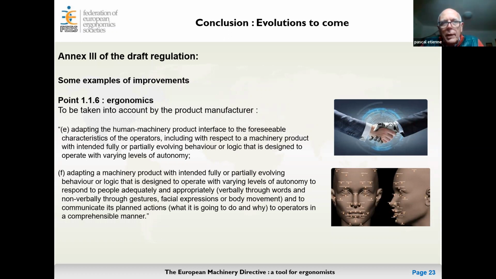So the product manufacturer has to take into account the necessity to adapt the human-machinery product interface to the foreseeable characteristics of the operators, including with respect to a machinery product with intended fully or partially evolving behavior or logic that is designed to operate with varying levels of autonomy.